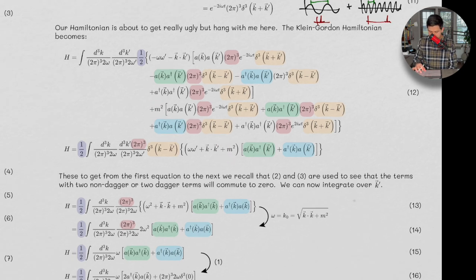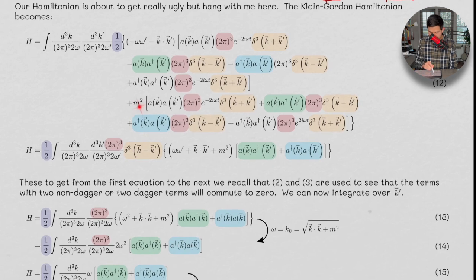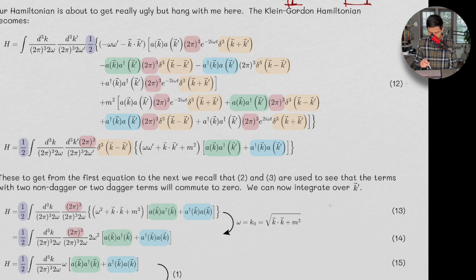All right. The reason we are able to pull this m squared out is because we have this guy here and this guy here, which is right here. This guy here and this guy here, which is right here. And then we have this guy here. And so this is a_k prime, right?